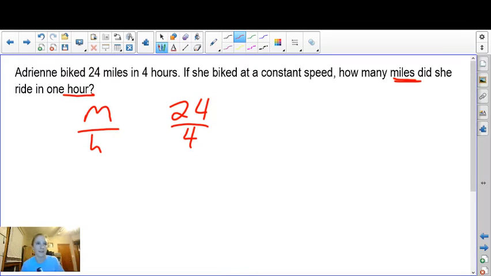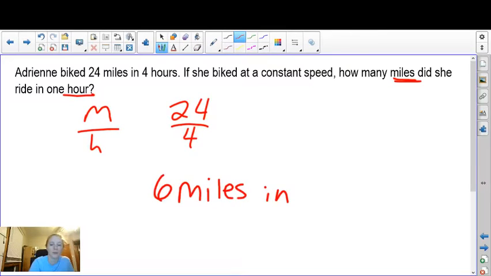So we get our handy dandy calculator, and yes, that's a calculator on the phone. I'm going to take my 24 divided by 4, because we all know these, which we should, and if you didn't already have 6, great, we're double checking. And she did 6 miles in 1 hour.